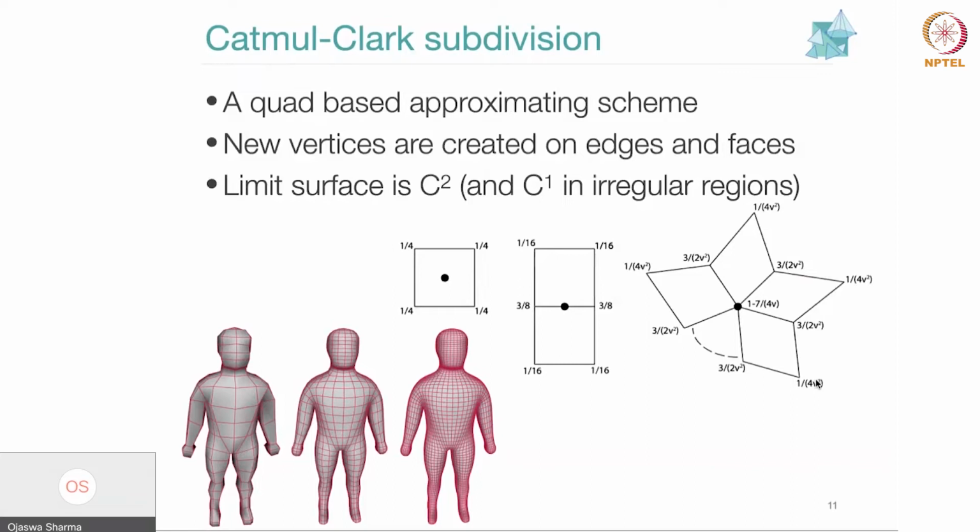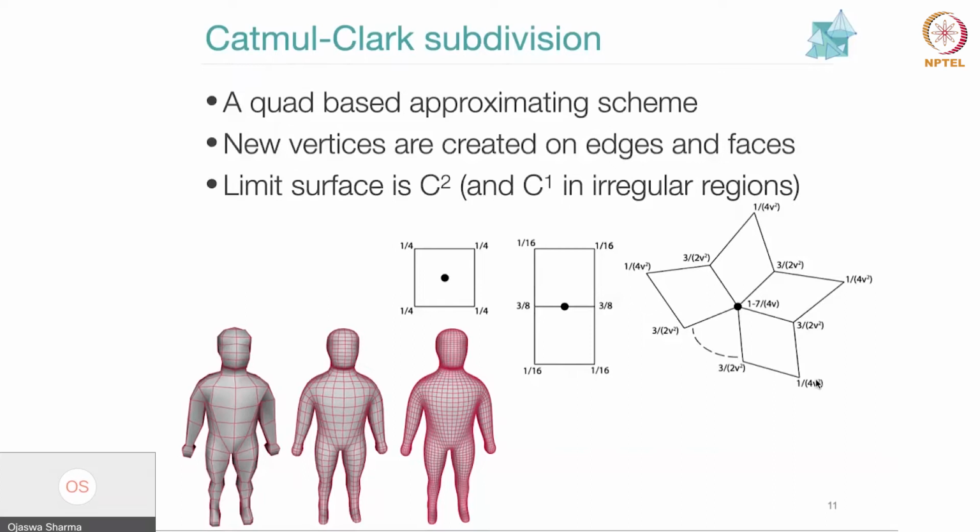And the weights are as shown here. And again, the limit surface is C2 for regular and C1 for irregular regions. Then you also have to update the old vertices, and the mask for updating old vertices is given in terms of the valence of the vertex in question. Right. So that's Catmull-Clark subdivision.